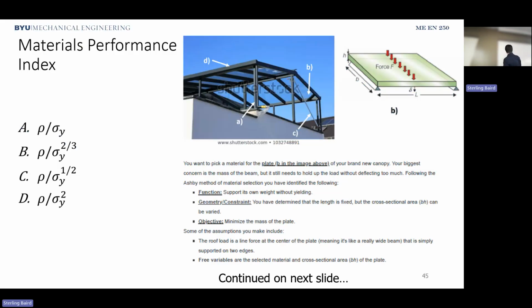I'll just walk us through this. Mass is going to be density times area times length, and area is this B times H that we were given. The constraint is that it shouldn't yield, so sigma should be less than the yield strength.